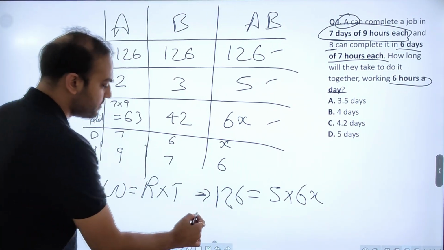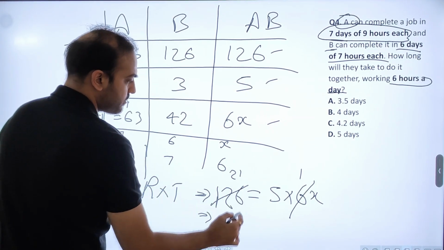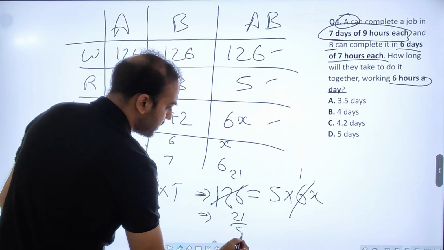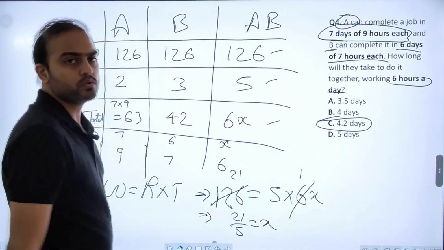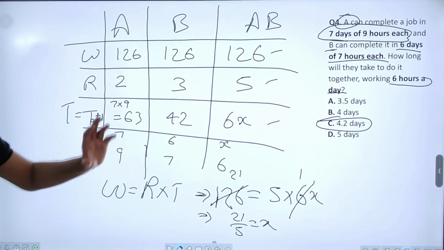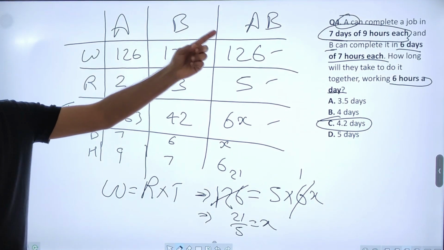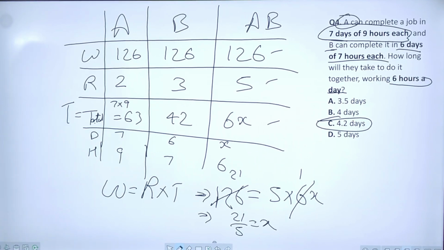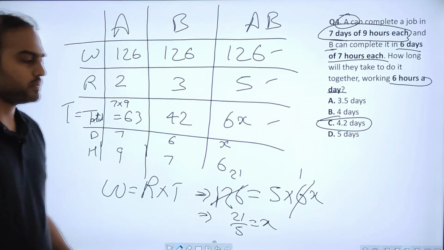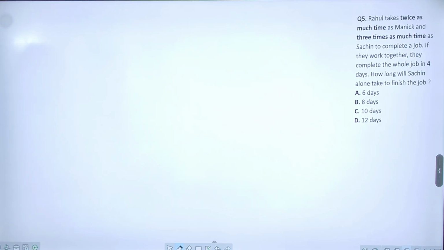If you solve this, 21 by 5 is x, which is 4.2 days. So there was a little bit of twist in the question, but you can just convert your time into total time and use the same table. I hope you understand this. Let's move to a different type now.